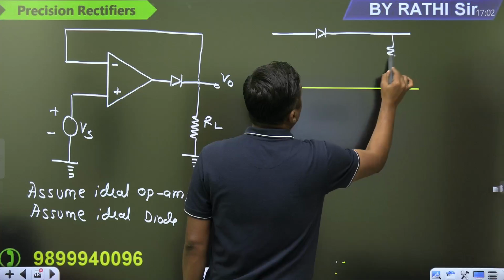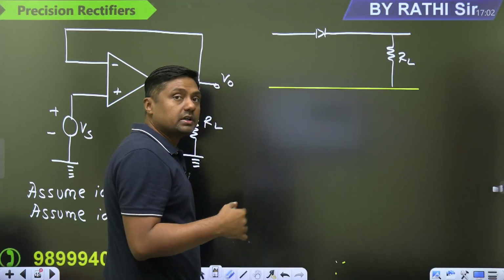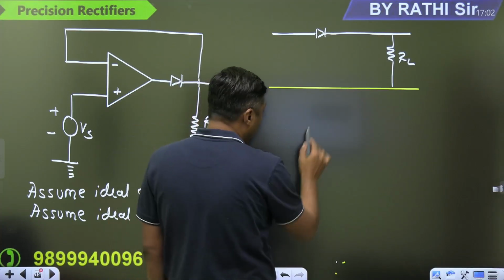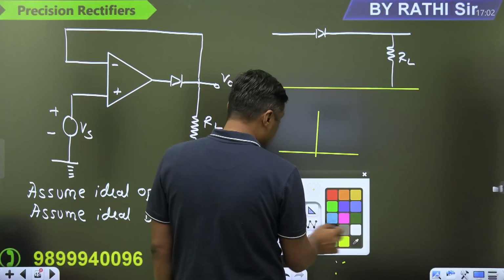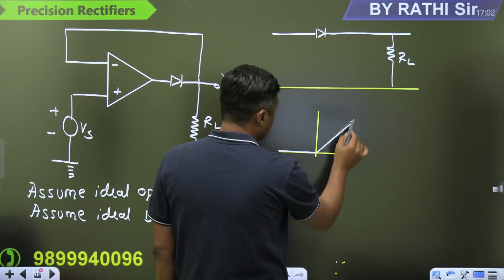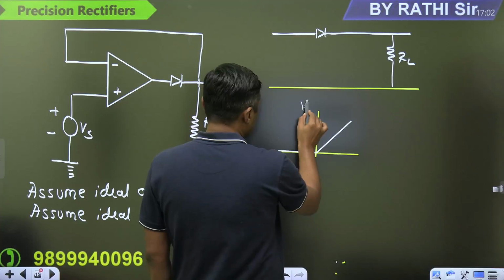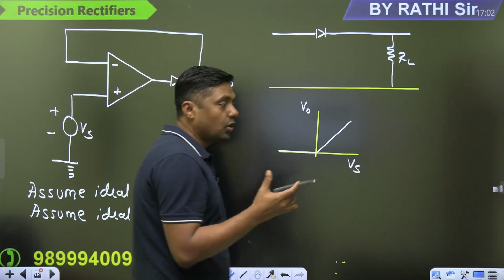You can assume the ideal diode here. If it is the ideal diode, then what about the characteristics? The characteristics will start from 0. Right? The characteristics will start from 0.